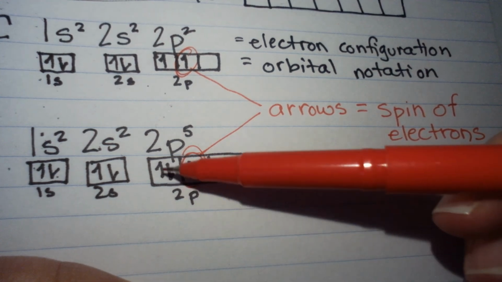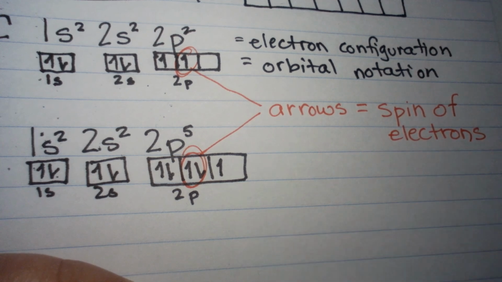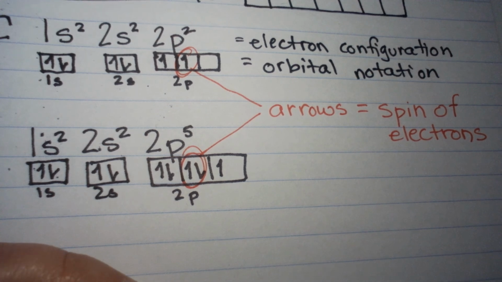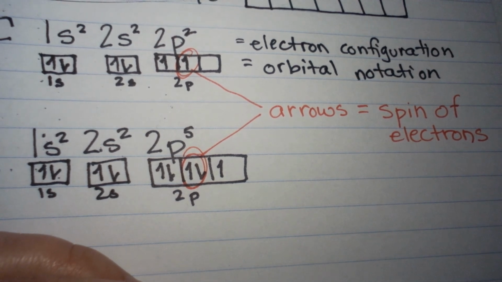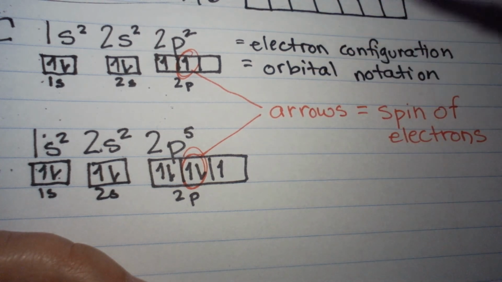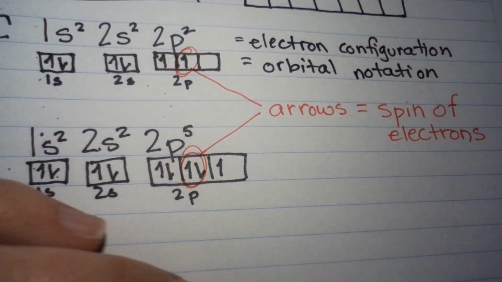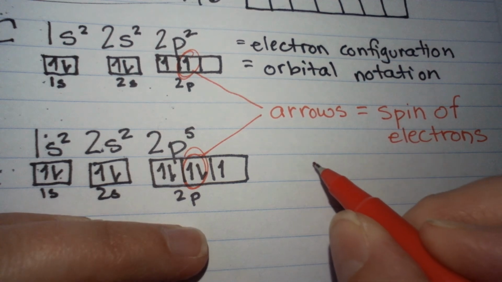We show that with an up and a down arrow because in the world of atoms, left and right and clockwise and counterclockwise and up and down are kind of irrelevant. So we have to show some way that they're going the opposite direction. Does that make sense? So we just use up and down to show that, and we'll go ahead and write that too.